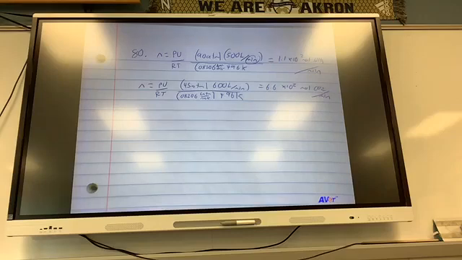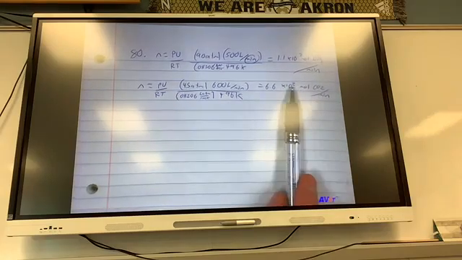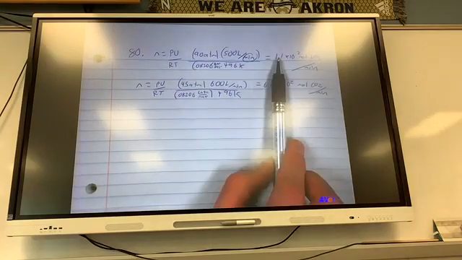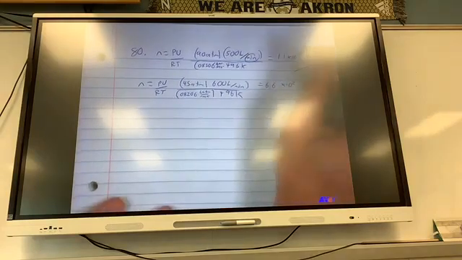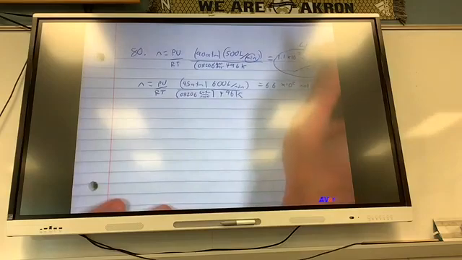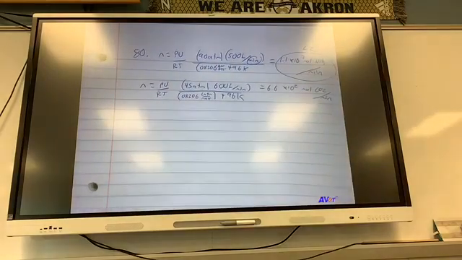Why is NH3 the limiting reactant? Look at the balanced equation. For every one CO2, I need double the amount of NH3. Do I have it? No. So this is my limiting reactant, even though it's in a rate.